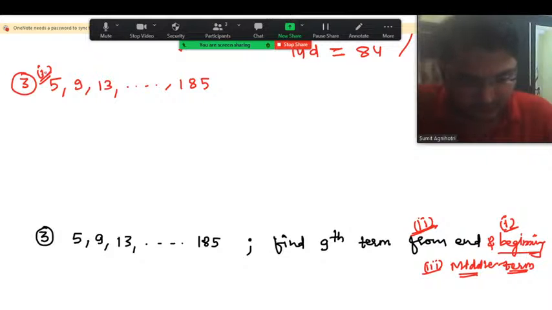Find the ninth term from end and beginning, right? First you find the answer from beginning. I want the answer from your side, then I will tell how to approach the next part, that is from end, and how to approach the middle term.